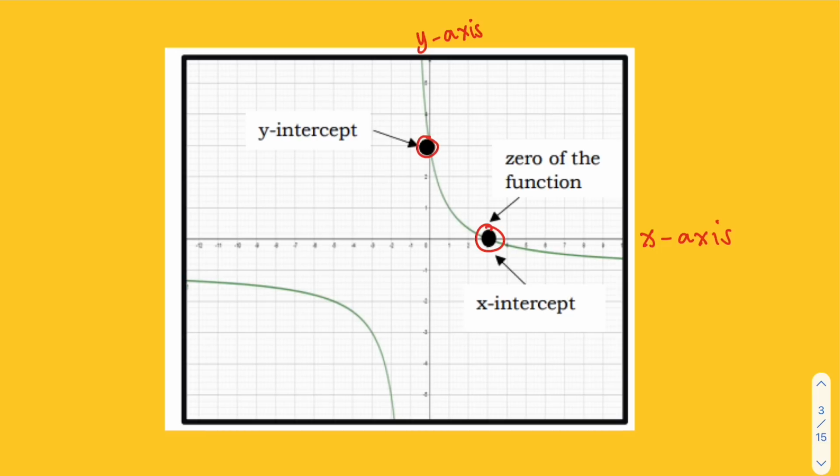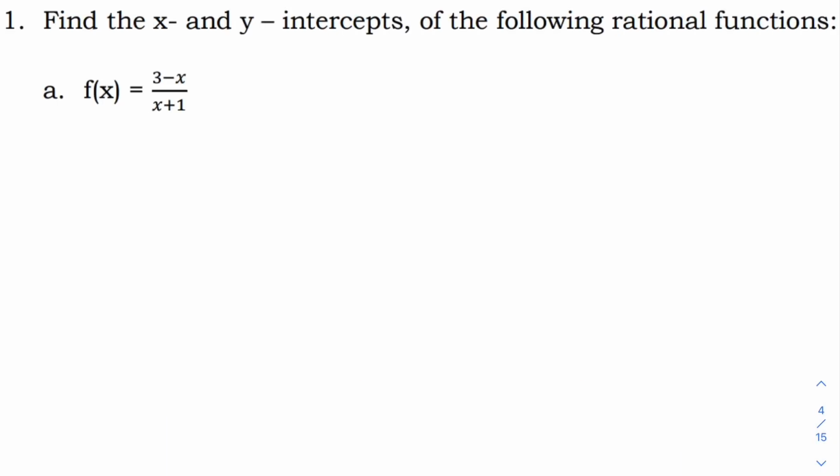Nakuha guys? So, let's have our first example. Find the x and y-intercepts of the following rational functions. So, letter A, we have f of x equals 3 minus x all over x plus 1.